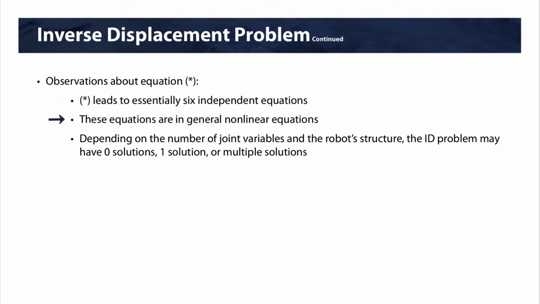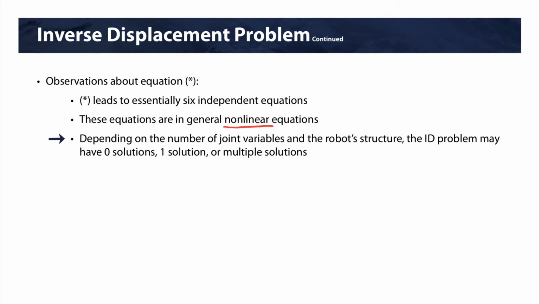Now, the challenge is these equations are, in general, nonlinear equations. We have a lot of cosine and sine terms, and this results in the equations being nonlinear, so they can be difficult to solve. Because of this nonlinear nature, depending on the number of joint variables and the robot's structure, so how the actual links are related to each other, our inverse displacement problem may have 0 solutions, it could have 1 solution, or it can even have multiple solutions.